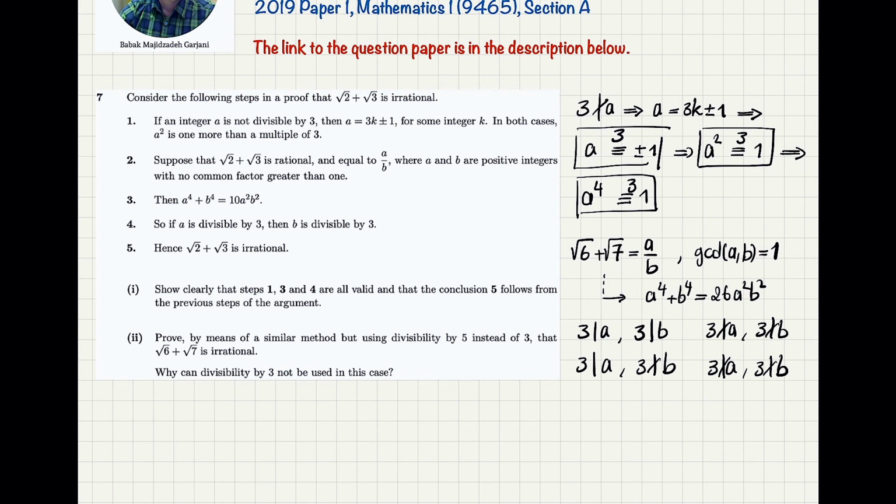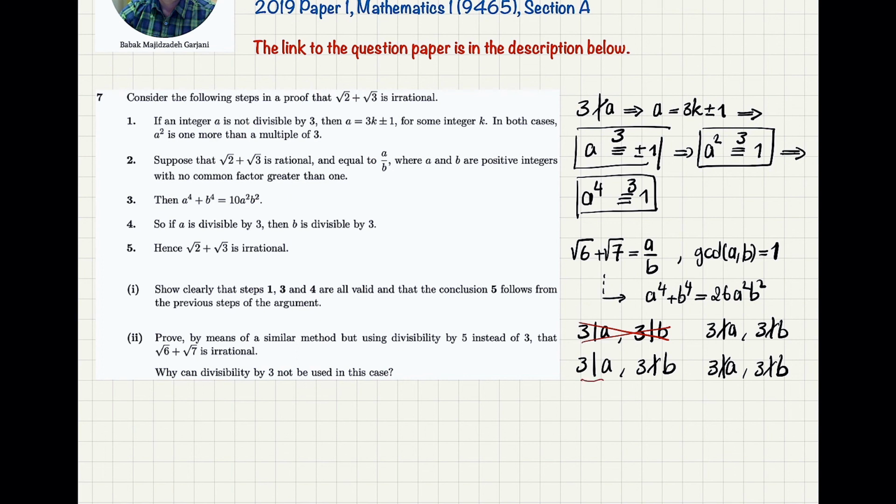For example, this you can immediately rule out again. The reason is that the greatest common divisor of a and b is supposed to be 1. If this is the case, then the greatest common divisor of a and b should be at least 3.